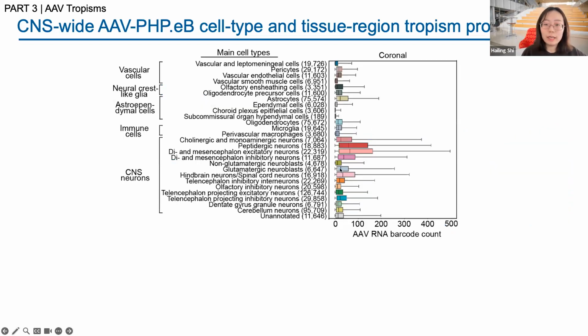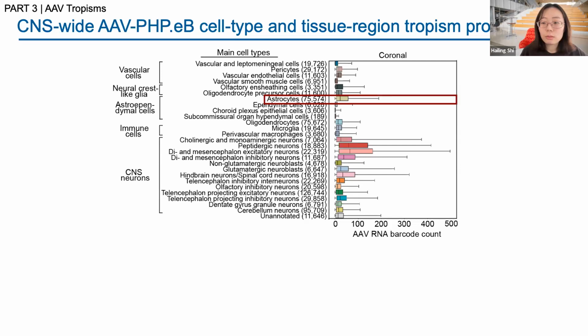We were able to quantify the PHP.eB transduction in individual main cell types and subtypes, identifying its tropism, preferring neuronal cell types and astrocytes. Epithelial cells are the least transduced ones.